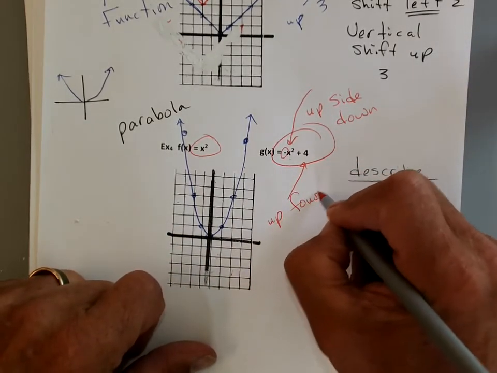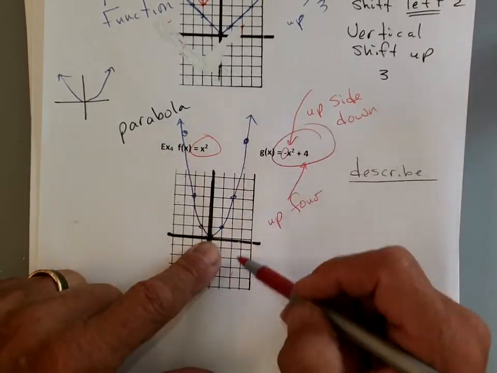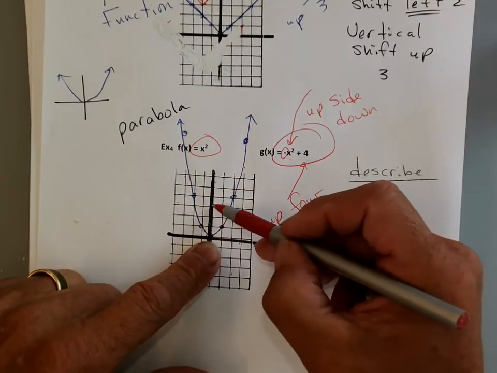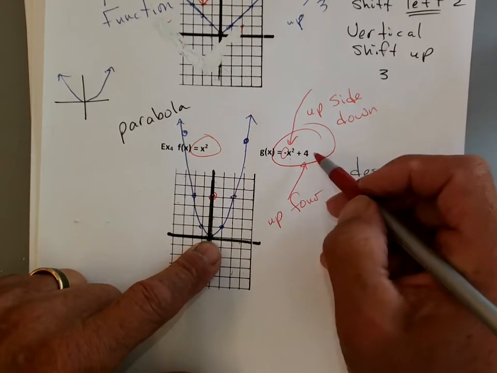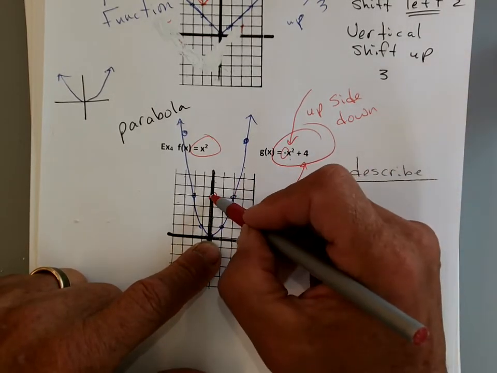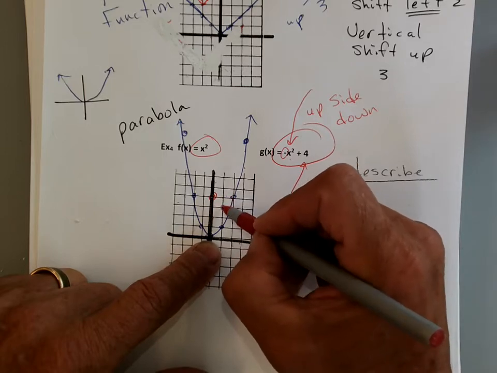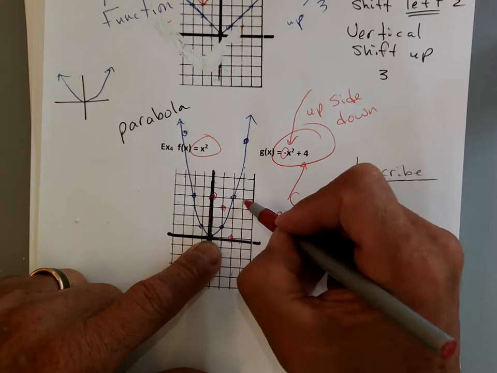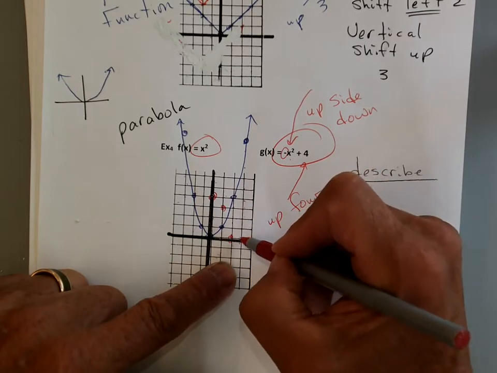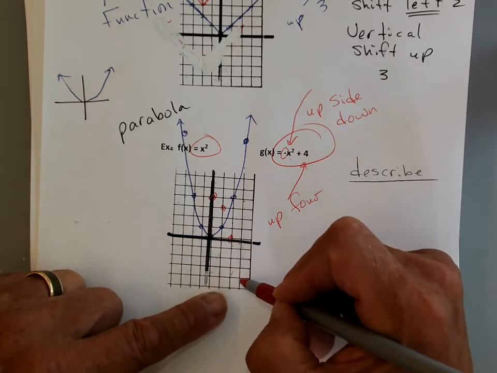So we're going to take our parent function graph and move it up 1, 2, 3, 4. And then we're going to make it upside down. 2 squared is 4. 3 squared is 9.